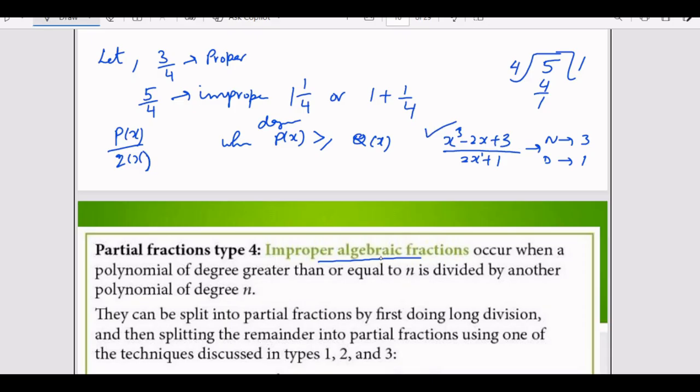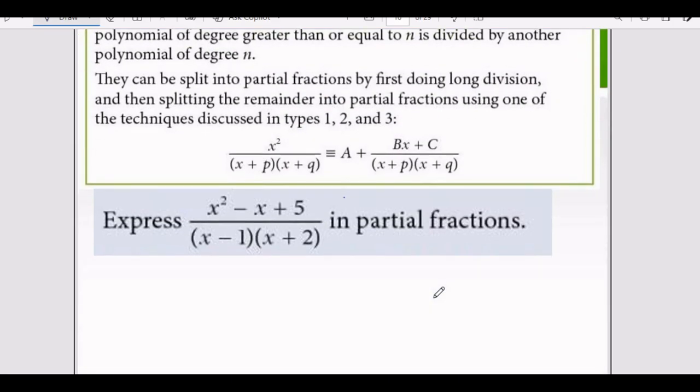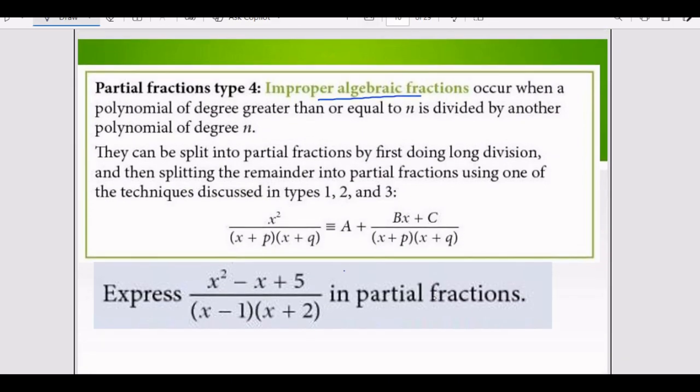First we can convert it by dividing, like we did with numbers. We will divide and then use the previous methods. So an improper algebraic fraction occurs when a polynomial of degree greater than or equal to n is divided by another polynomial.